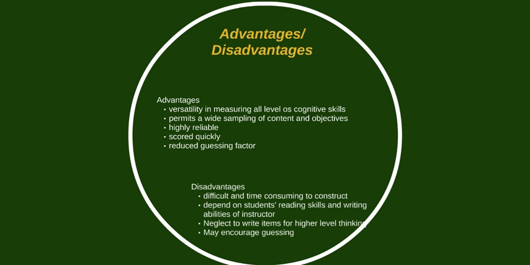They can be quickly scored, and they can be set up in such a way that they reduce the guessing factor. They're much better at that than, let's say, true-false, where you only have a 50-50 chance. There's a lot of versatility because it can measure all cognitive levels and skills, and that's very, very important.